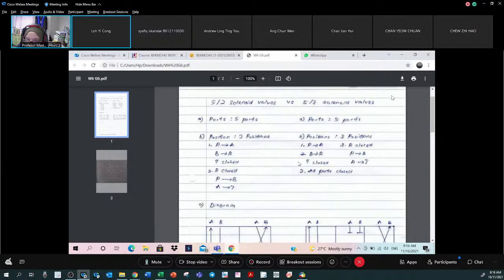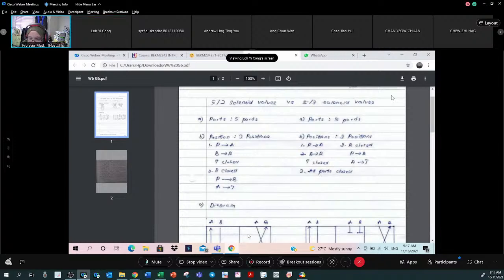The first position is port P connected to port A, and port B connected to port R. What is P, A, B, R? They are ports. Can you scroll down to the diagram?